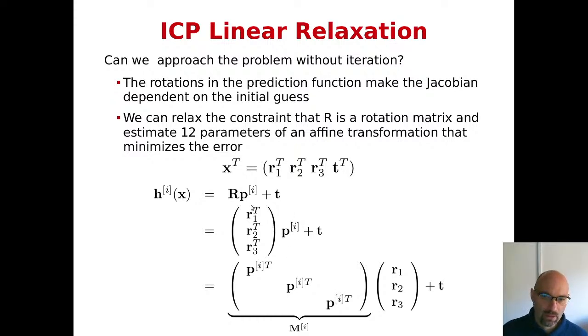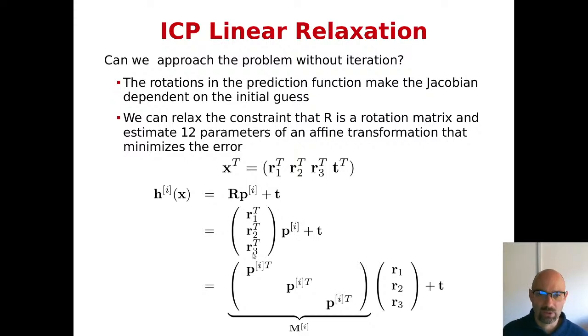Now, if you massage this formula over here, and you basically flip P and R, you could rewrite this product in this way. Consider that this object here is the dot product between the first vector of the rotation matrix and the point. This will be the first component of this vector. This is the second dot product, and this is the other dot product.